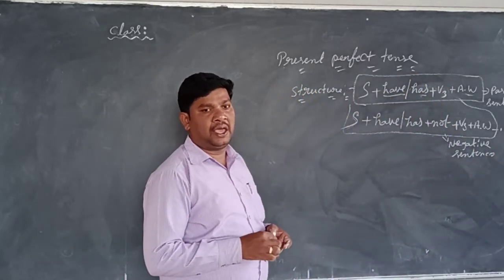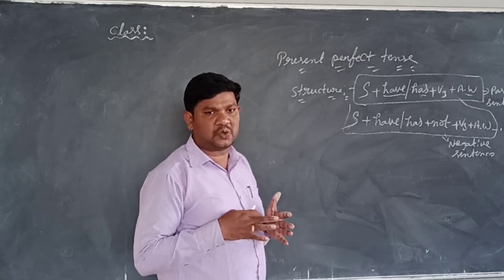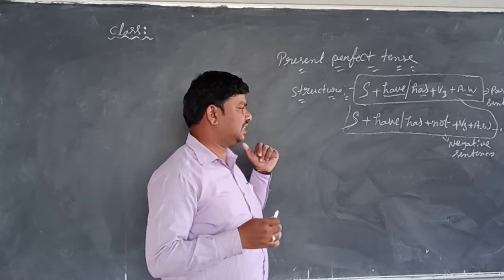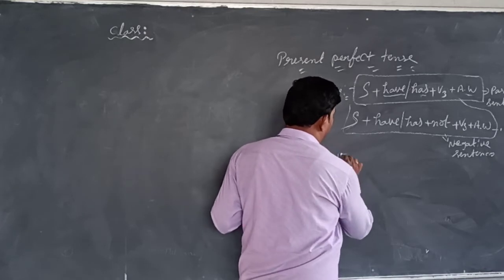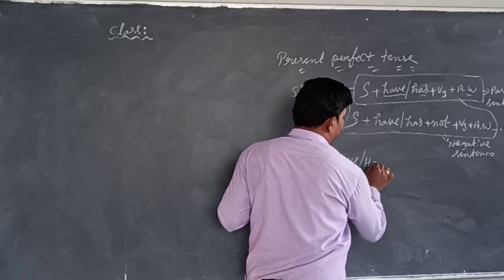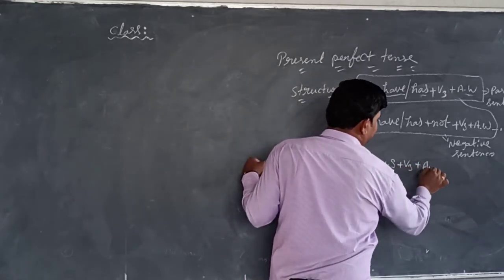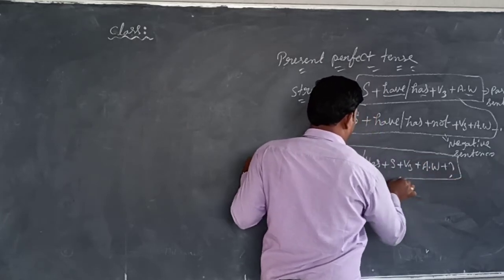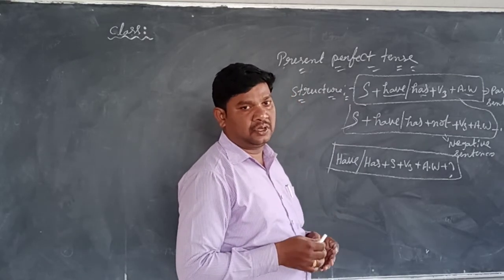Okay, positive sentence and negative sentence. To make an interrogative sentence, meaning a confirmation question, you want to ask whether the work is completed or not. The structure comes like this: first comes the helping word have or has, plus subject plus V3 plus additional word plus question mark. This is the interrogative sentence, meaning question.